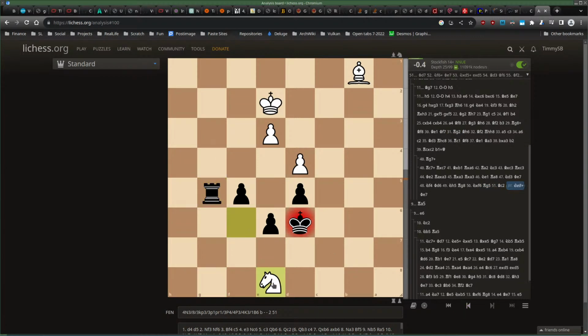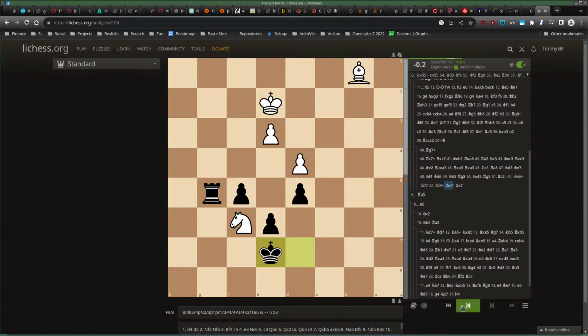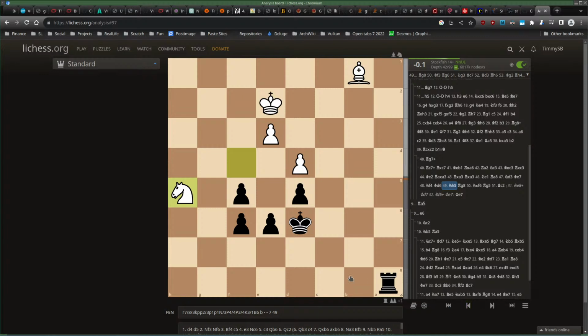Well, I could try to escape like this. Same thing. The knight just lost. So that's why I play the rook here, because it sees that if you take it, then the knight cannot escape. Okay. Now I get it. Anyway, that was not the best move.